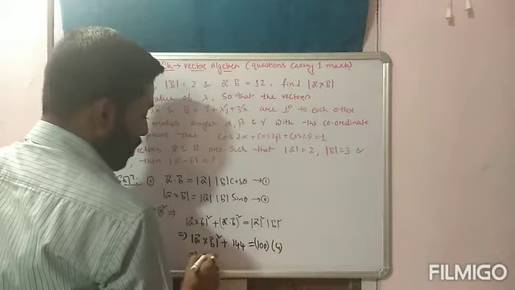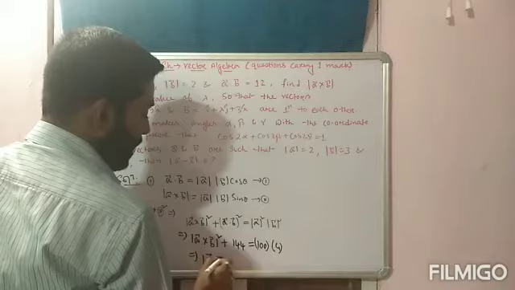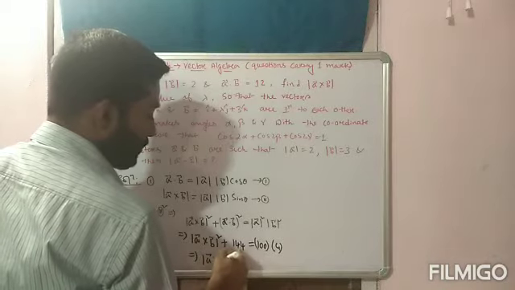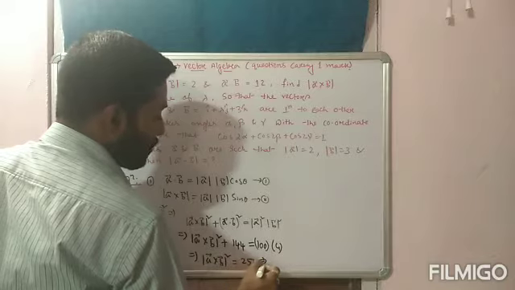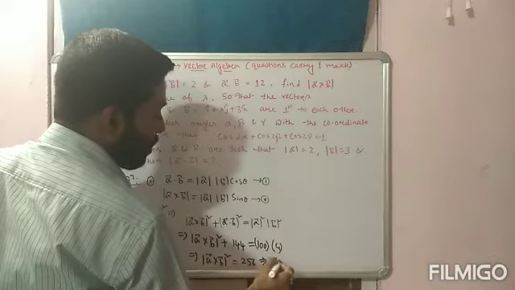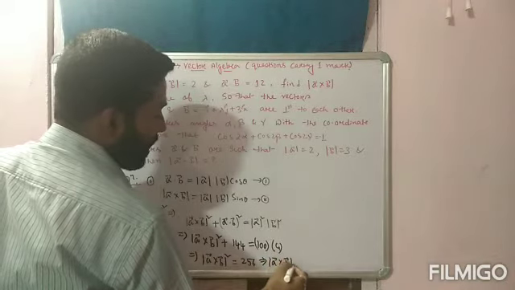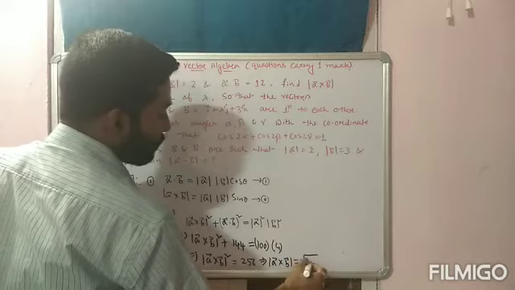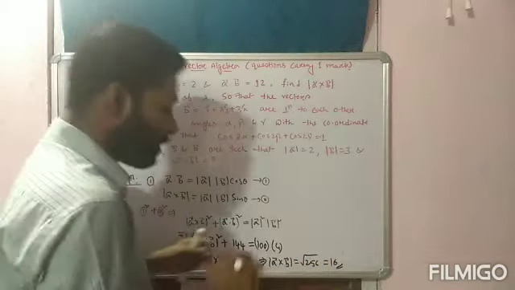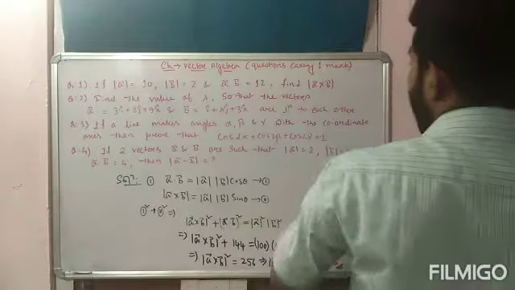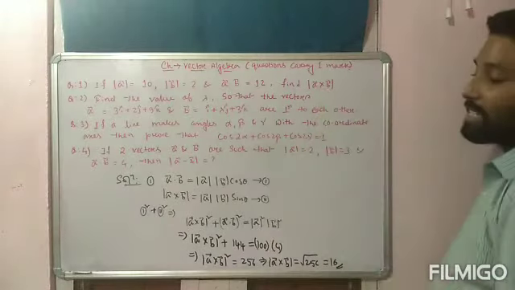Therefore, mod of A bar cross B bar whole square is equal to 400 minus 144, that is 256. So which implies mod of A bar cross B bar is equal to under root 256, which is equal to 16. So the value of mod of A cross B is equal to 16.